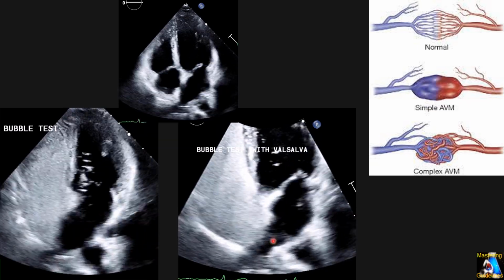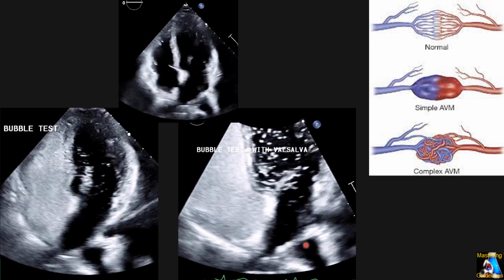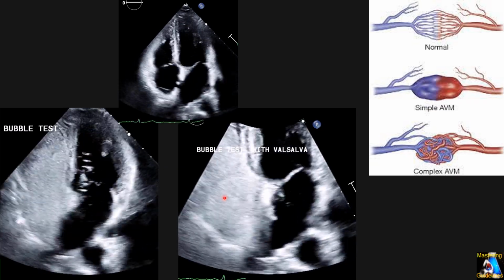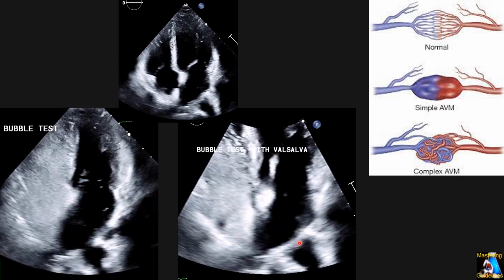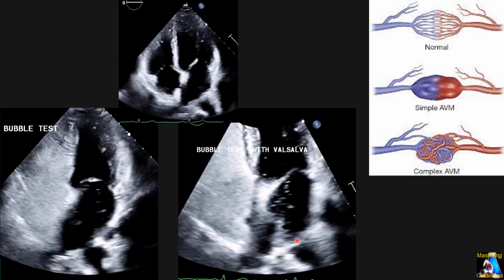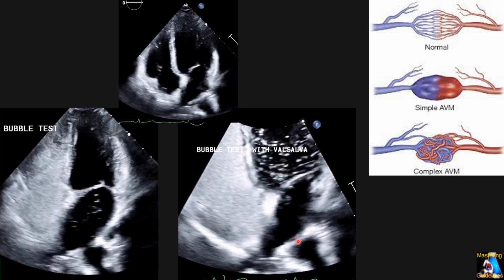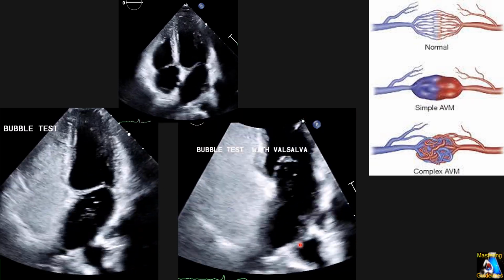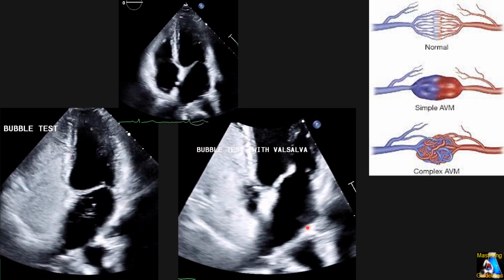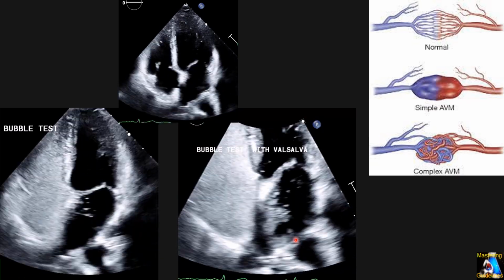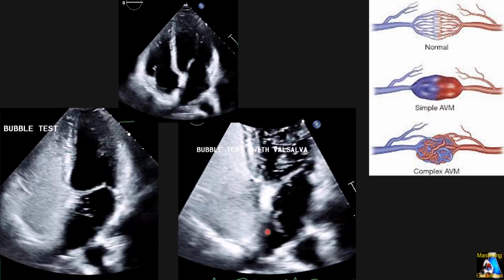As you can see here, after many beats filling the right side, there are some significant bubbles coming from the left pulmonary vein. It doesn't matter whether upper or lower. Here we have the right pulmonary vein, and here we have the left pulmonary vein, as you can see.